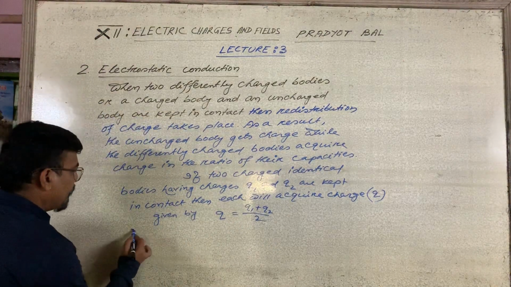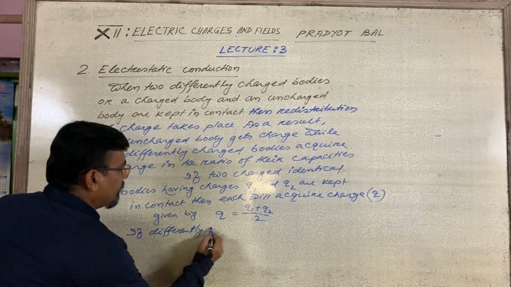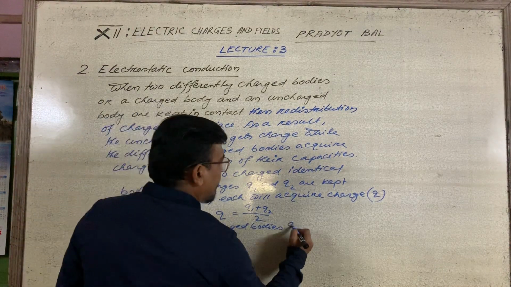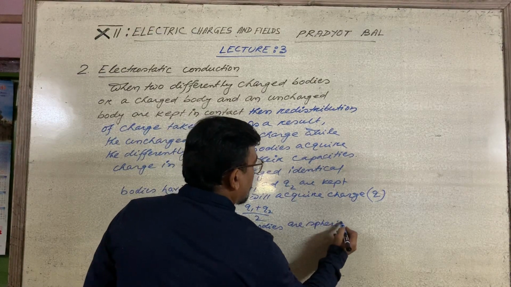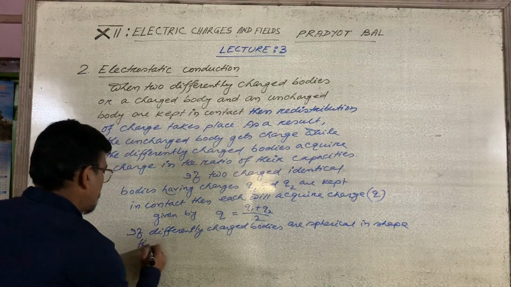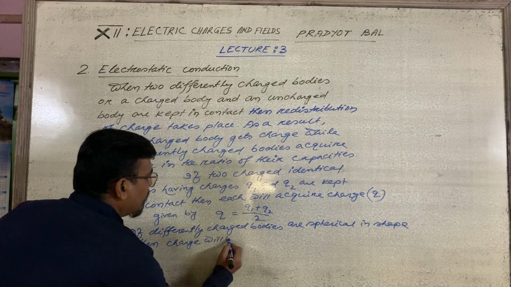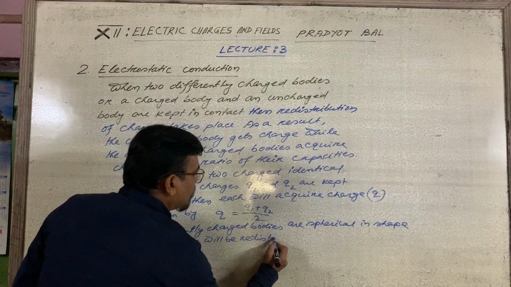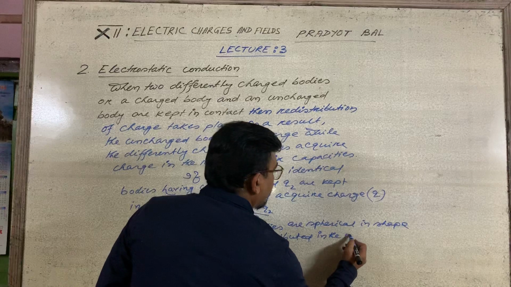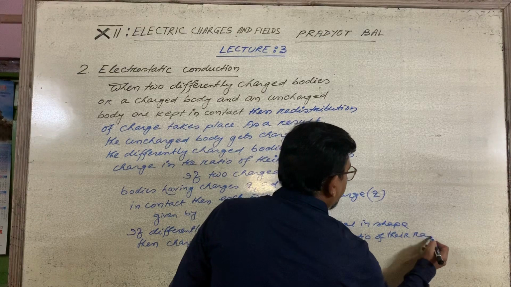So I am writing here, if differently charged bodies are spherical in shape, then charge will be redistributed in the ratio of their radii.